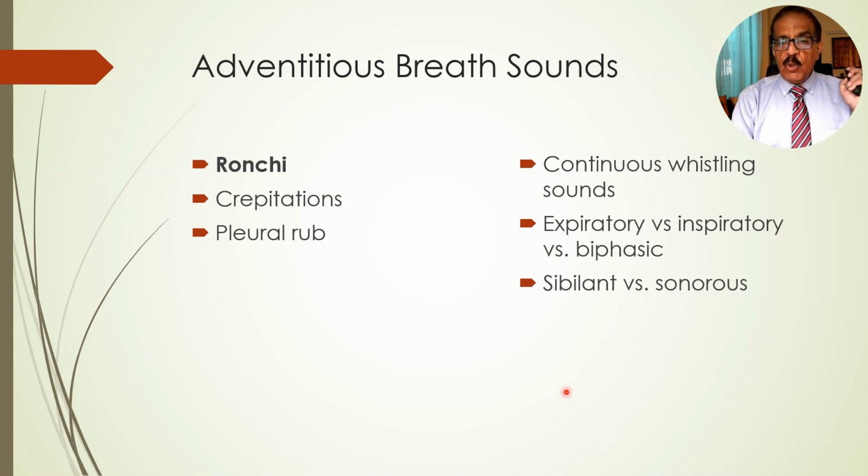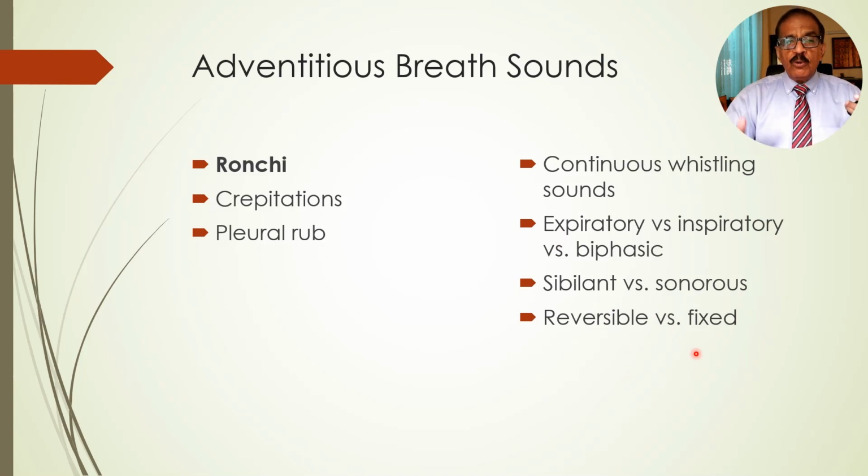Then they may be localized or generalized. For example, rhonchi in a typical COPD patient and asthma patient are generalized. That means they are present everywhere, although they may be heard better at certain points as compared to other points. The best place to examine for rhonchi is on the back, just below the scapulae, because that is where you have maximum lung volume.